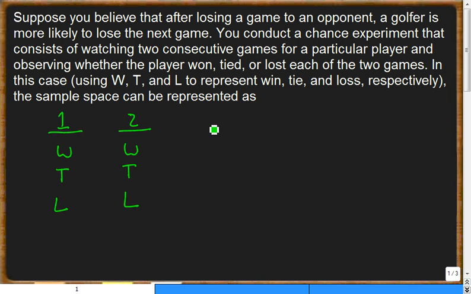So the way we would look at this is S equals, and then we write all our possibilities. We've got the win first: a win and a win, a win and a tie, and a win and a loss.